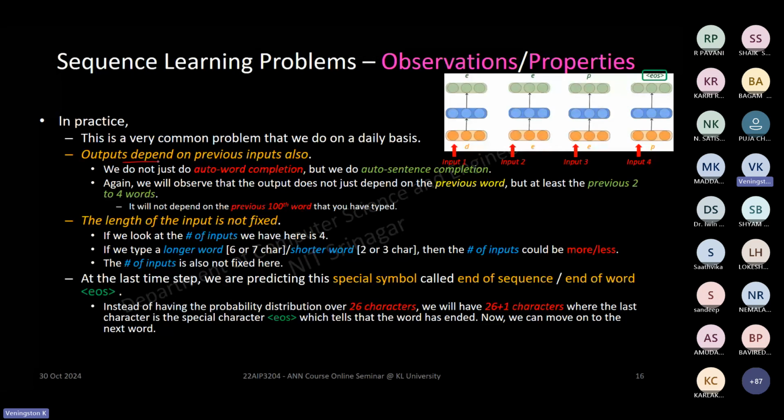The output depends on previous inputs also. For example, this output E of the model does not just depend on the current input, it also depends on the previous input. So the output at every timestamp should depend on the inputs that were seen previously.